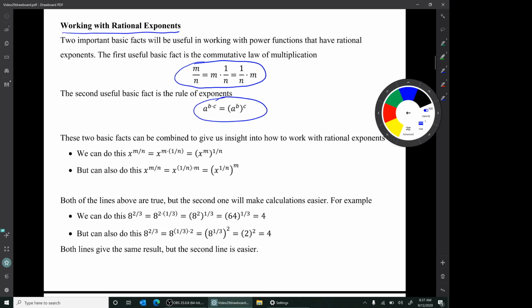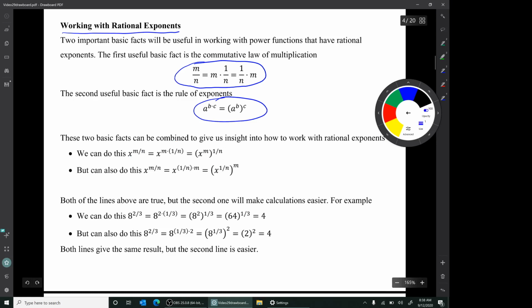For instance, we can do this. X raised to the power m over n is equal to x raised to the power m times the quantity 1 over n. But that's also equal to x raised to the m, and then that whole result raised to the 1 over n power. But we can also do this.